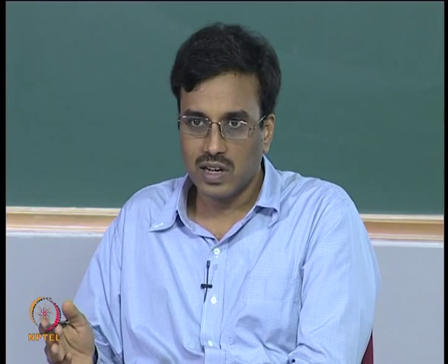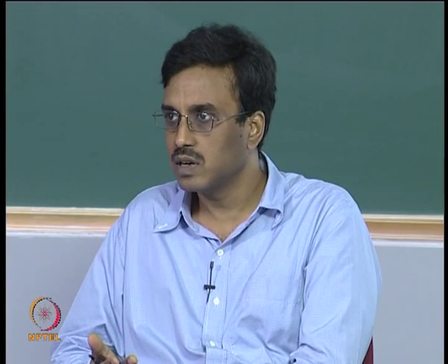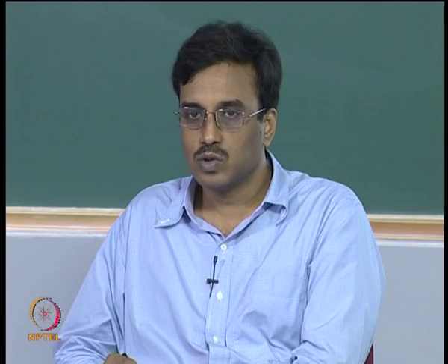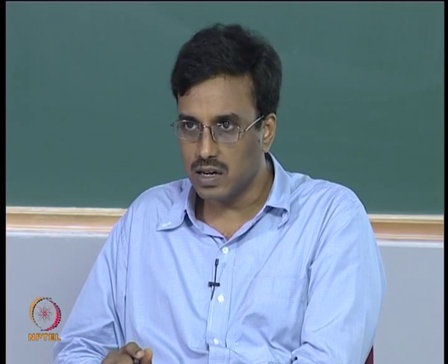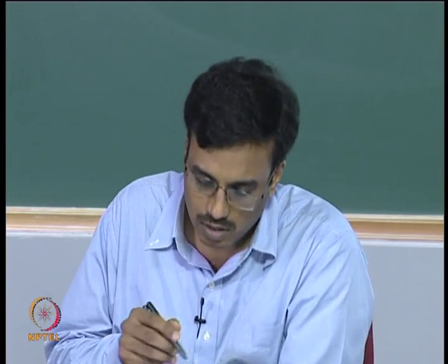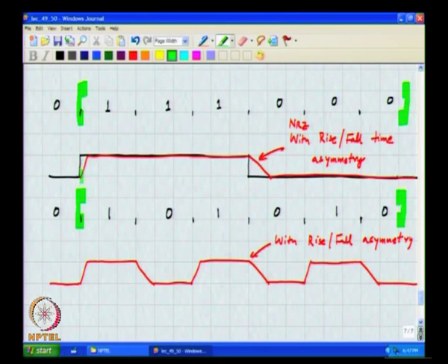The average value of 1 1 1 0 0 0 is the same as the average value of 1 0 1 0 1 0, correct. So, if the DAC is perfectly linear, then the average value of the red waveform here should be the same as the average value of the red waveform drawn below, correct.